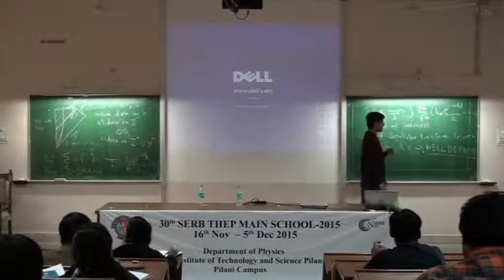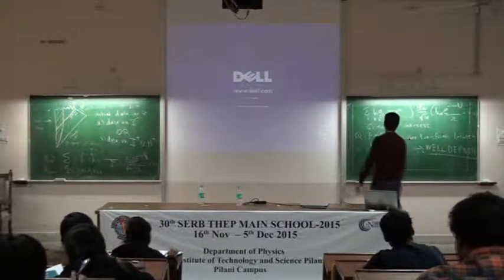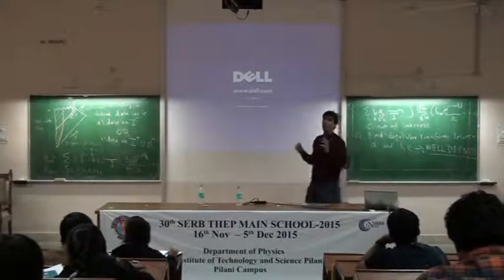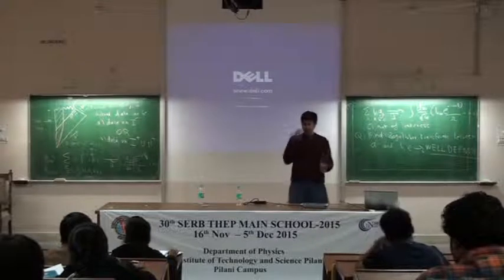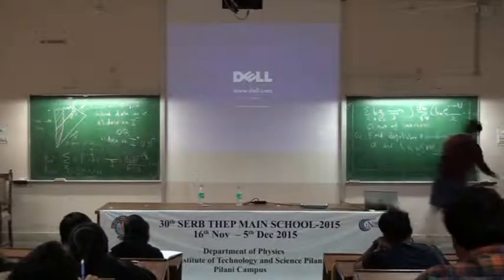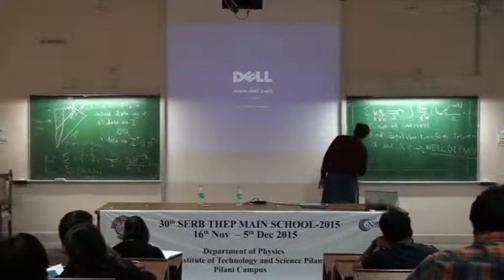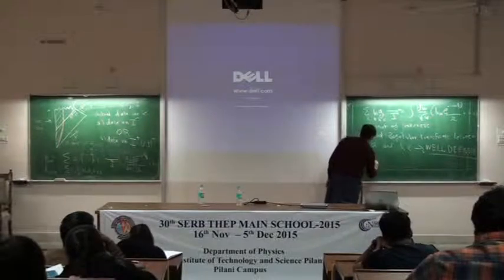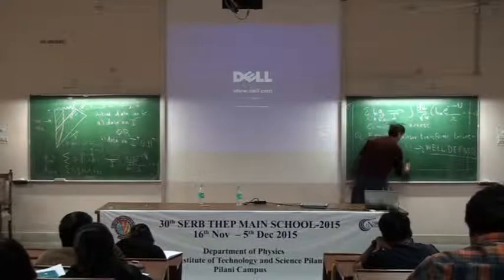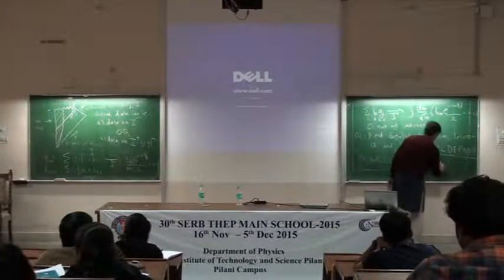Now, Hawking's insight was to recognize that in fact the Bogoliubov coefficients between A and B do not depend on the details of the collapse. Okay? So the fundamental insight is that these Bogoliubov coefficients do not depend on details of collapse. Basically, it depends on the geometry.